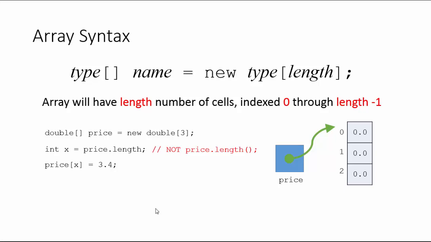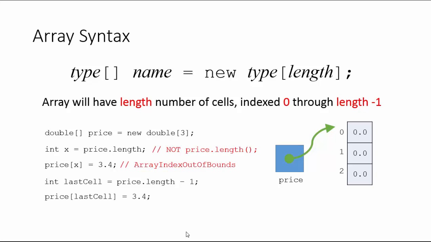This causes an error because for an array length of 3, the last index will be 3 minus 1, or 2. This statement will subtract 1 from the length variable in the price array and assign the result to an int variable called last cell. Last cell contains 2. 3.4 is now assigned to cell 2 of the price array.